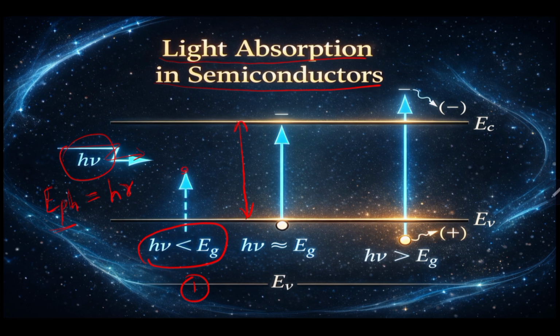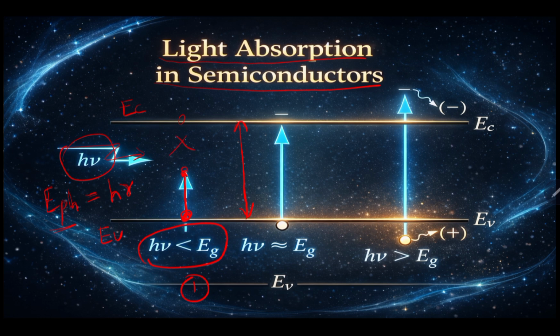We know this is the conduction band and this is the valence band. Since the photon energy is lesser than the band gap value, it cannot promote an electron from the valence band to the conduction band.